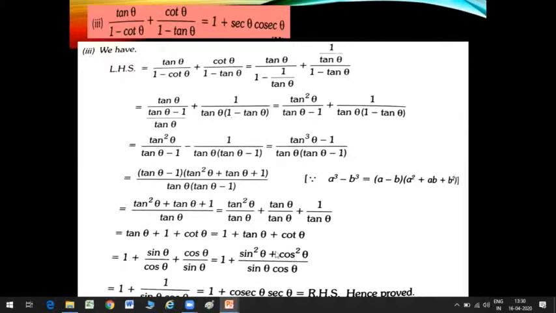So 1 plus 1 by sine theta into cos theta. We can write this as 1 plus 1 by sine theta into 1 by cos theta. So 1 by sine theta will become cosecant theta, and 1 by cos theta is secant theta. So this is equal to 1 plus secant theta into cosecant theta, which is equal to the right hand side.